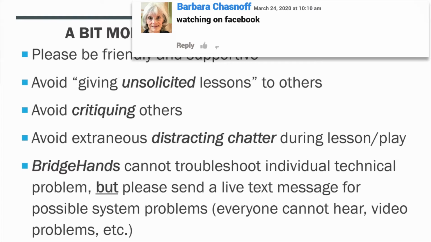As far as troubleshooting, if you do have problems, if it's an individual problem, I won't be able to help you now, but we can maybe take those offline. There are certainly a lot of different things that go on the internet, as I'll speak about in a minute. But if it turns out that everybody can't hear, then I probably have a problem on my side.